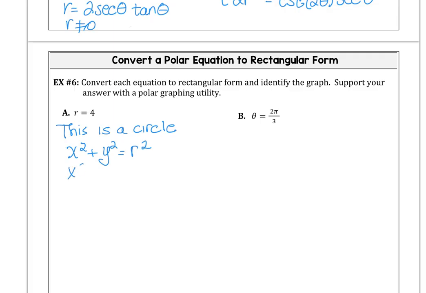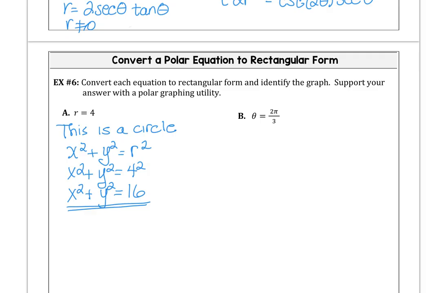So the equation would be x squared plus y squared equals 4 squared, which means our radius is 4, the diameter is 8, and our equation is x squared plus y squared is 16.